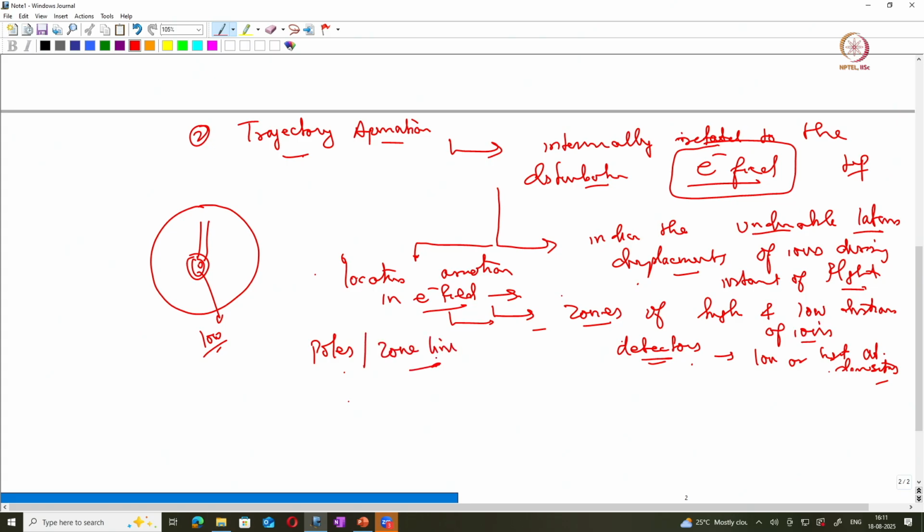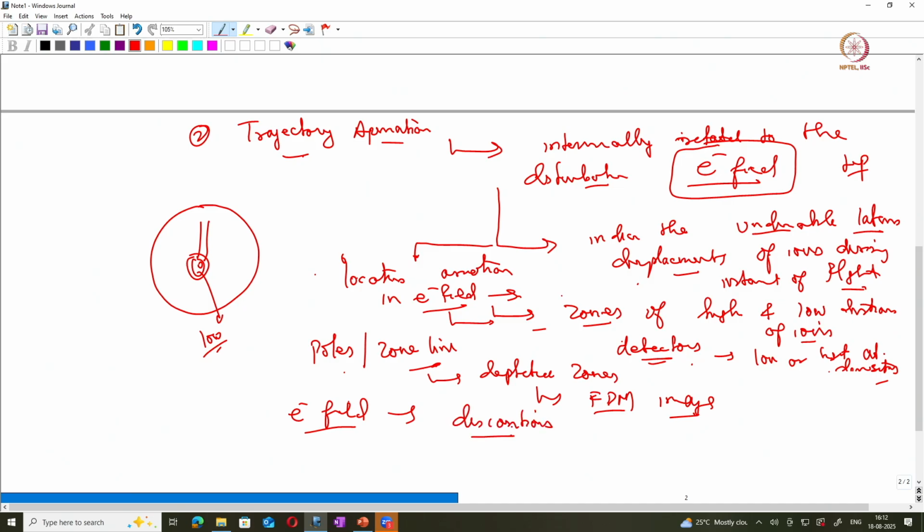Okay, these are examples where you can see depleted zones. These are called depleted zones in any FDM image. Okay, this is because the electric field in the vicinity of these zones is discontinuous. This discontinuity is due to the local geometry of the surface.